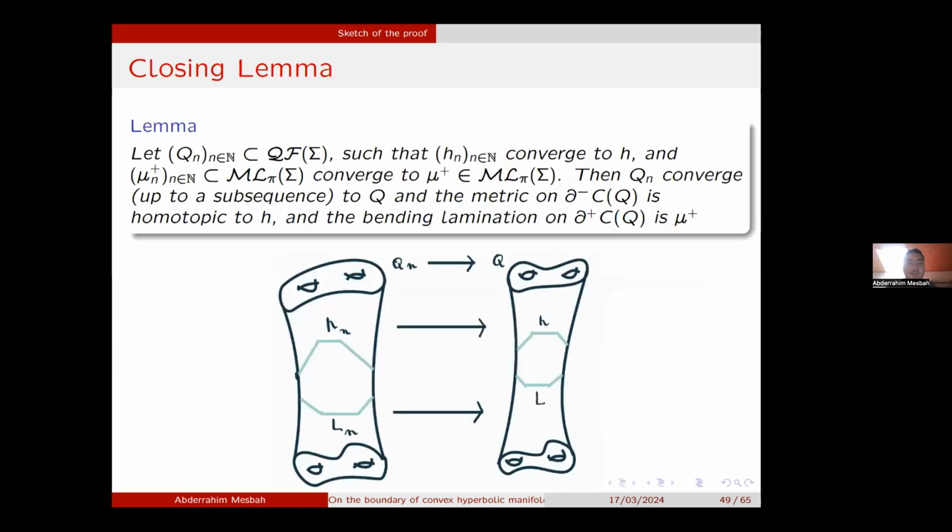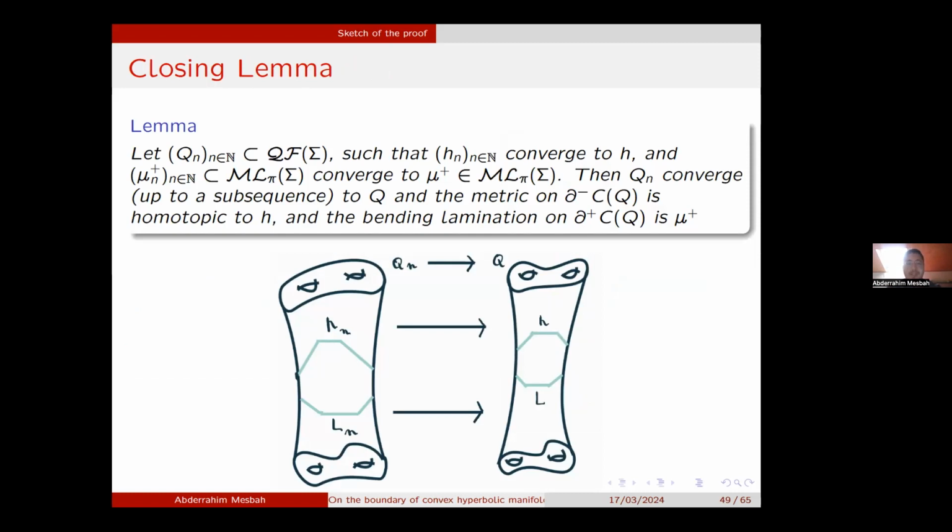Yeah, so the main lemma that we will focus on, that we will use to get the statements that we announced in the beginning of this talk, is the following properness statement.